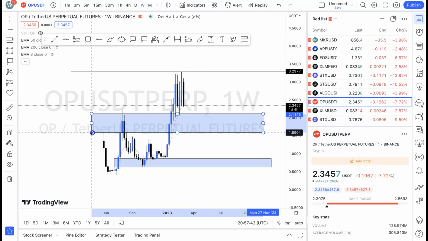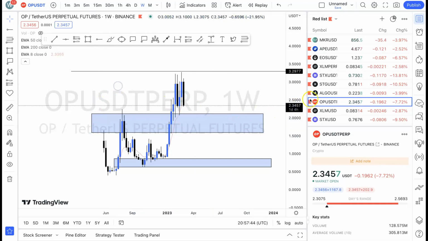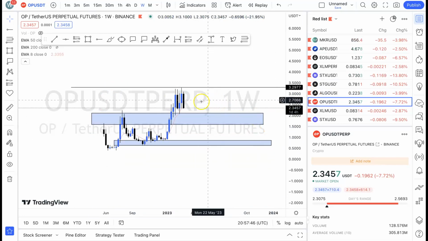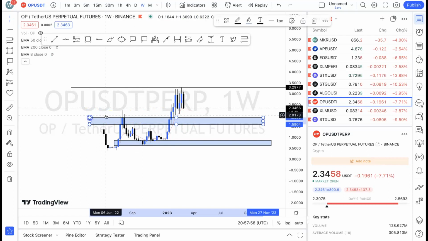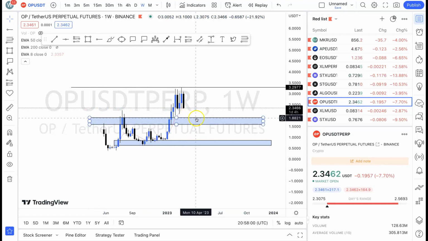For new coins like this, you can't really tell where it's going to pick off, but expect it to come into this blue area from 1.5 to about $2. So it should come into this area, and you wait for the reaction. Then you might want to execute a buy position right there.